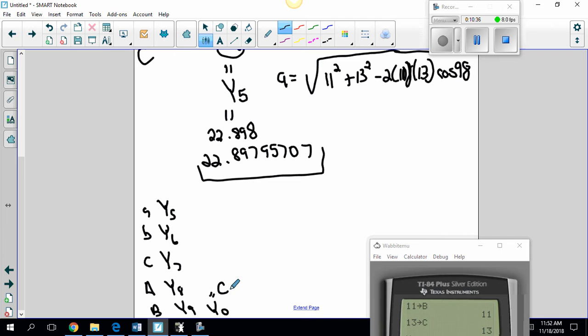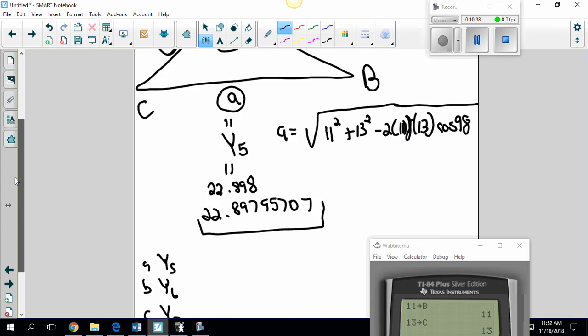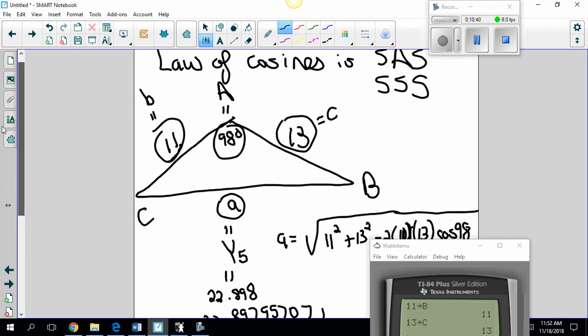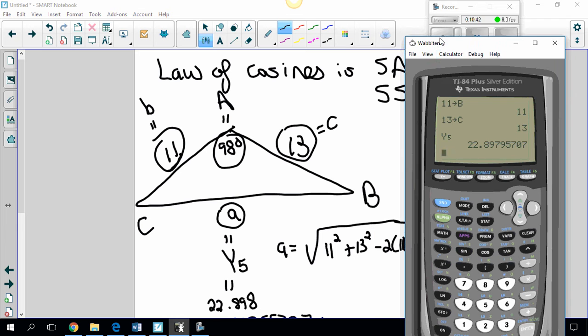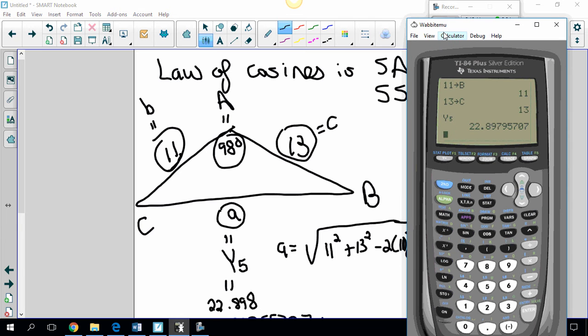So if you want little b, you need Y6. So you've got to type in the right stuff. Oh, hold it, I already have little b. I have little c. I want to find the angles. So sorry about that.